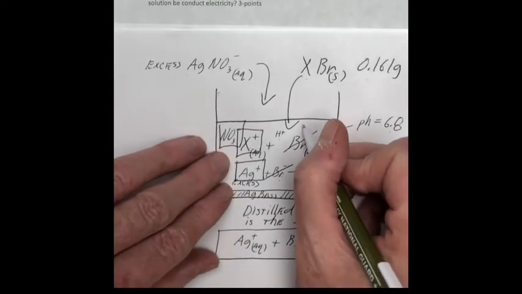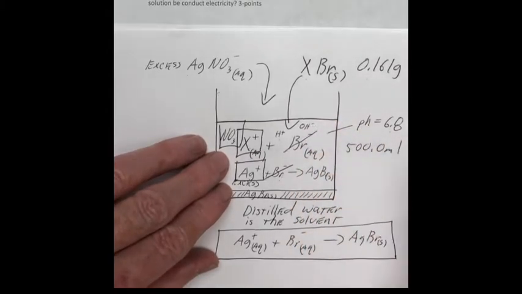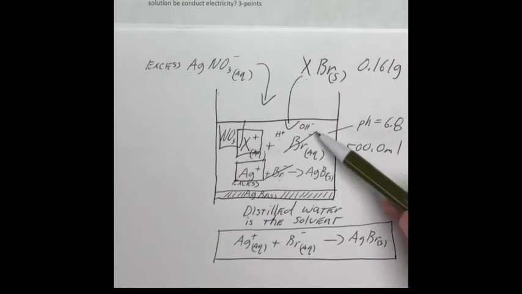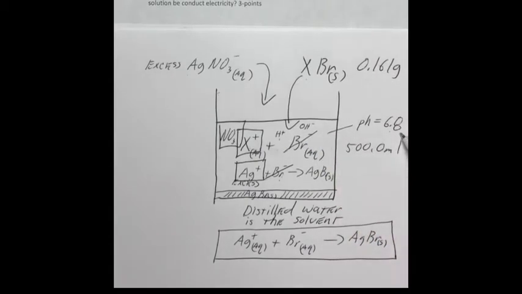There is also small amounts, very small amounts of hydroxide ions. So these are present. There'll be a little bit more H positive compared to the hydroxides at that particular pH.